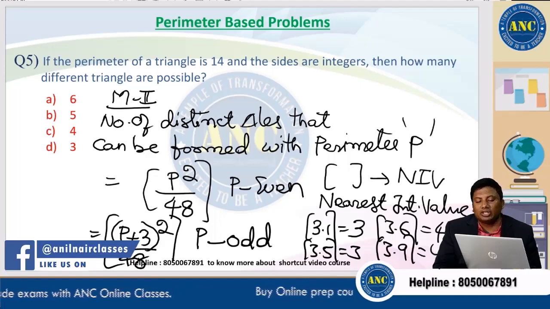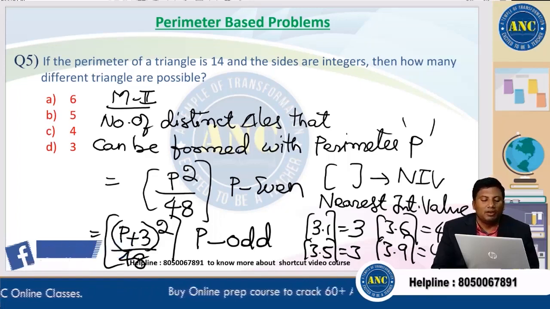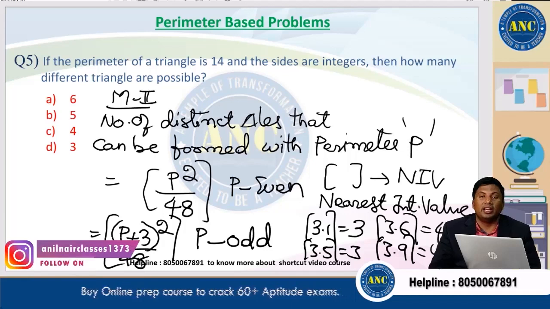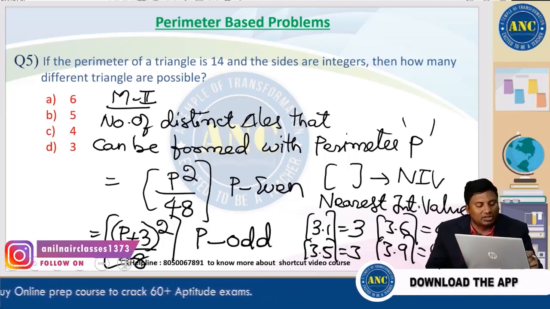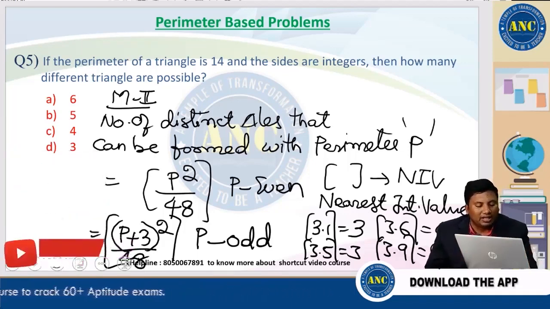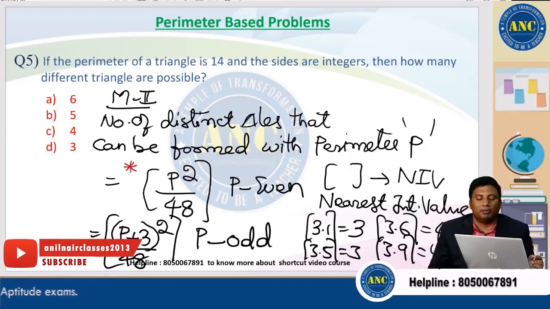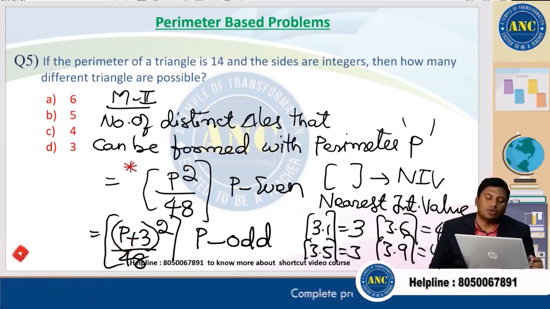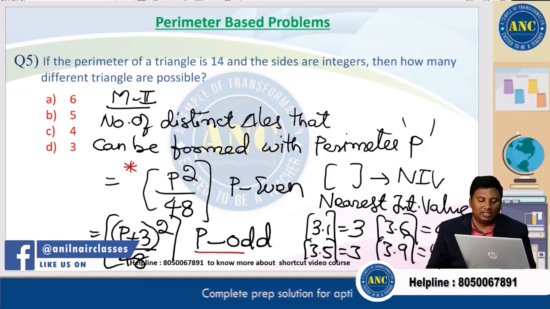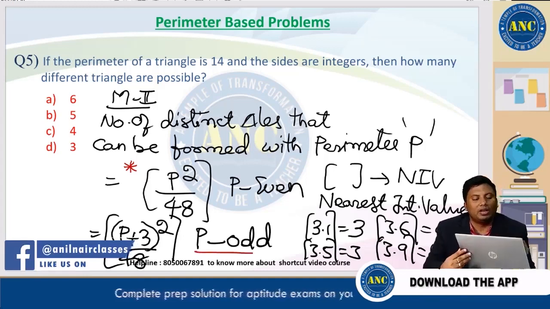Number of distinct triangles that can be formed with perimeter P is given by a nearest integer function of P square by 48 if P is an even number, or (P plus 3) whole square by 48 when P is an odd number. What is the question?